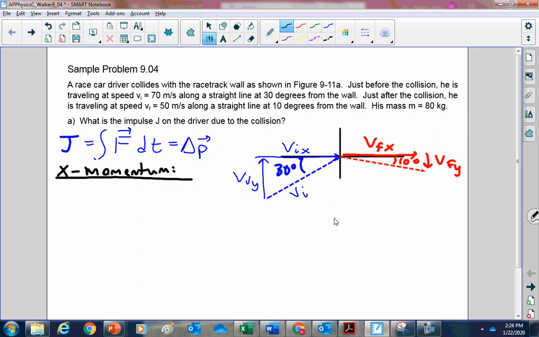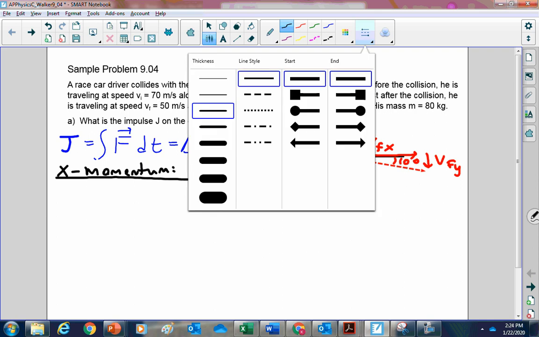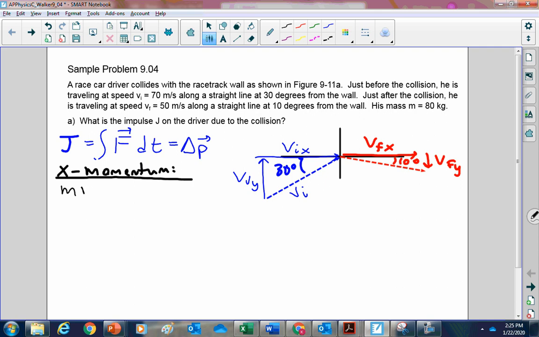Okay, so I will have the mass times v_fx minus v_ix.